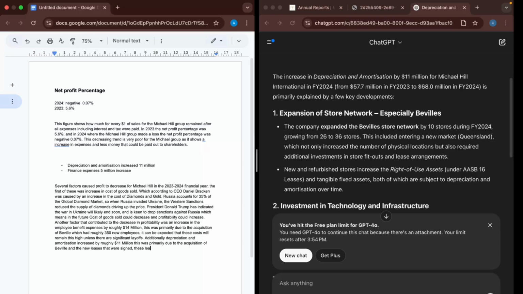These leases are right-of-use assets, like we were just talking about before, guys, meaning they're depreciated, which caused the majority of the increase in depreciation.